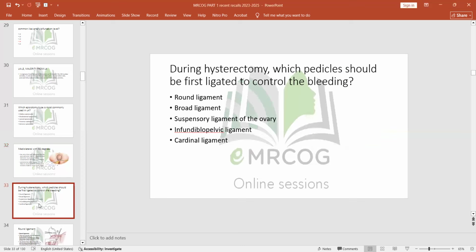Excellent. During hysterectomy, which pedicles should be first ligated to control the bleeding? Let me tell you what, guys, when I saw this question, I thought that it was taken from part 2 exam, because this is a part 2 question. It still appears in part 2, but indirectly. So if I asked you which pedicle should be first ligated in hysterectomy, round ligament.